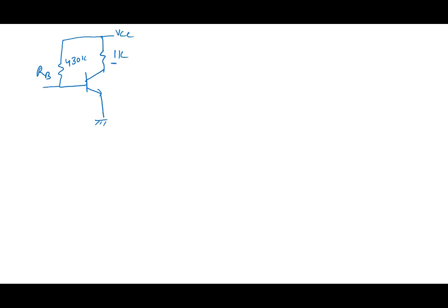Then we said, well, let me take RC and increase it to 10K. And what does it do? It causes the transistor to go in saturation region. This RC here, this resistor.